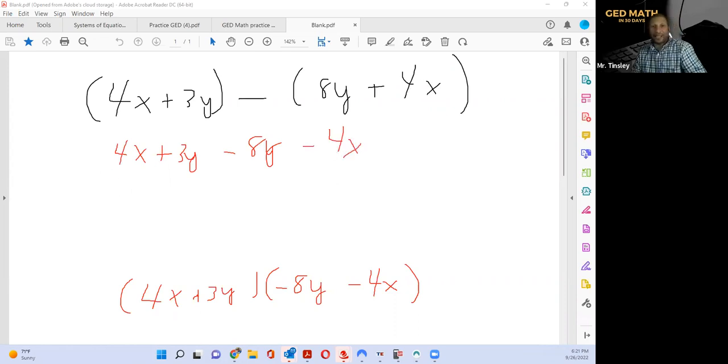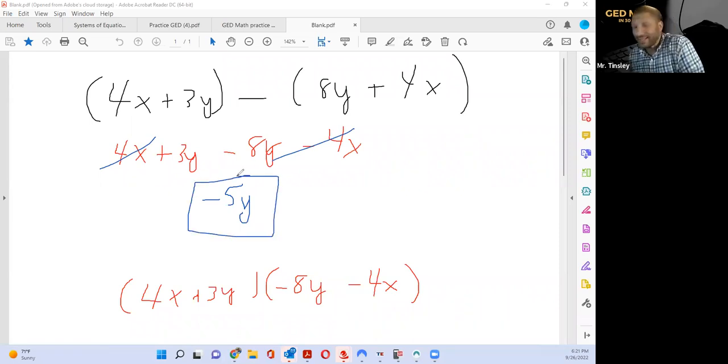Then we combine like terms. The two 4x's cancel because the opposite of 4x is minus 4x. And then minus 8y plus 3y is minus 5y. This is a combining like terms problem, not a multiplication.